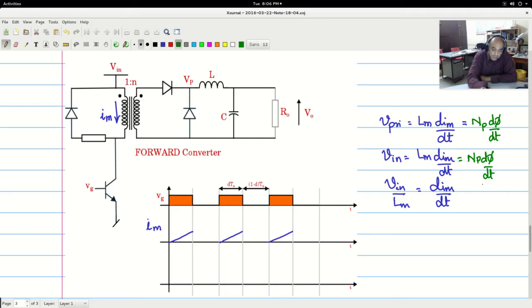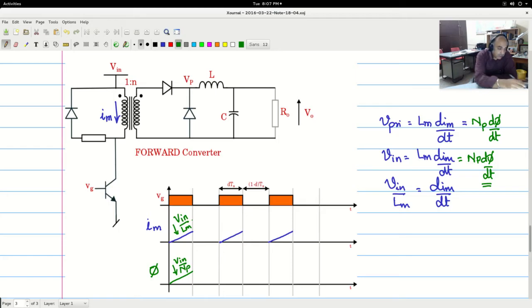So this d phi by dt within the core also has a similar form to the Lm dim by dt, and therefore phi also would increase within the core linearly. So this is increasing at V in by N primary, and this is increasing at V in by Lm. So the slope is like that.